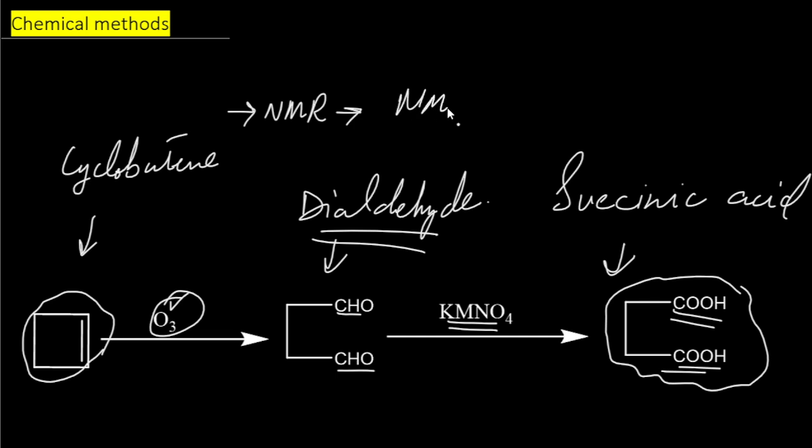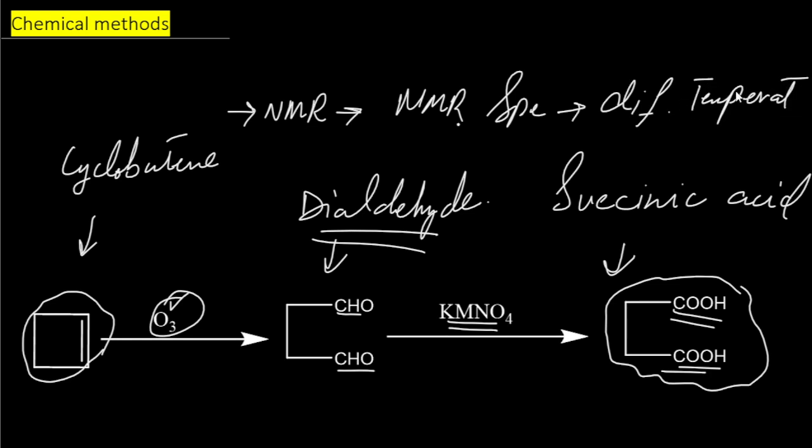We can obtain NMR spectra of the molecule at different temperatures, and we can also get an idea about bond lengths, bond angles, etc. So these were some advantages, and these are some disadvantages of the chemical methods that were used before NMR, and how NMR is beneficial for us and how it is quick. So this was an overview.